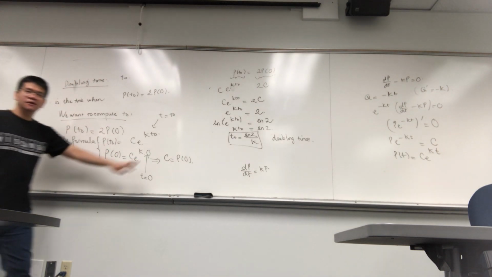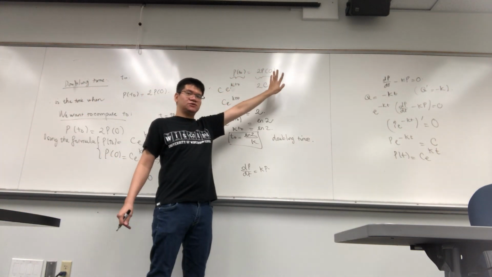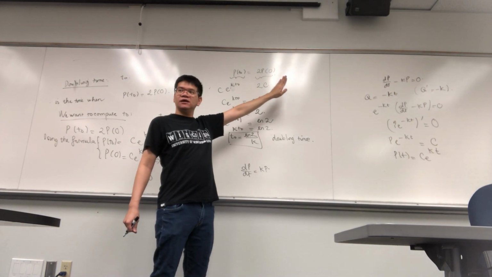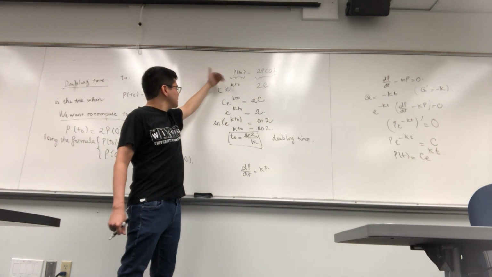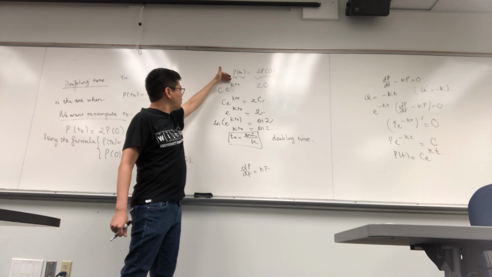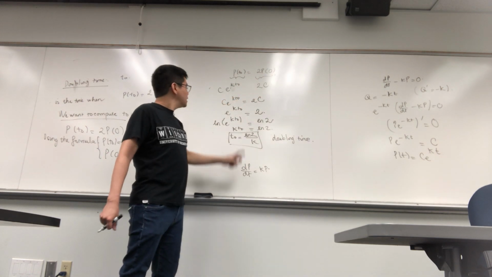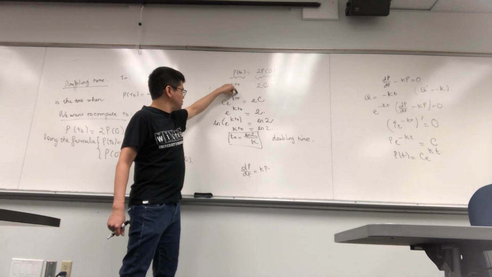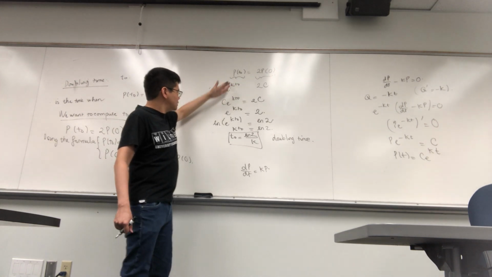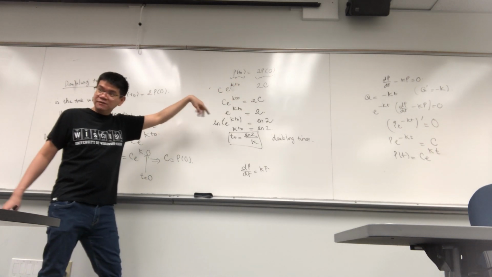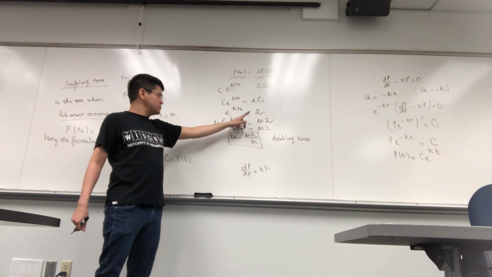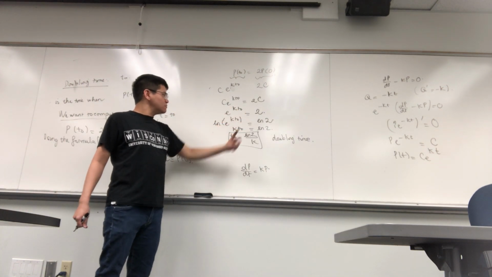You have P(t0) is twice P0. So I'm going to replace: c e^(kt0) is twice c. I can remove c. I'm going to have e^(kt0) is 2. I take the log on both sides.